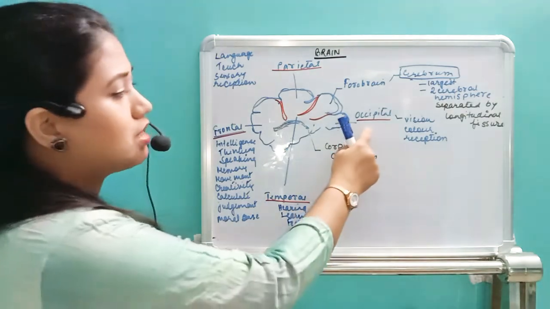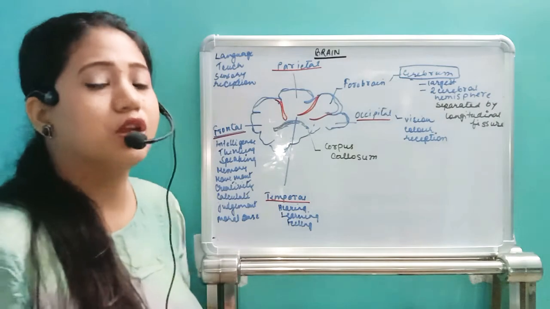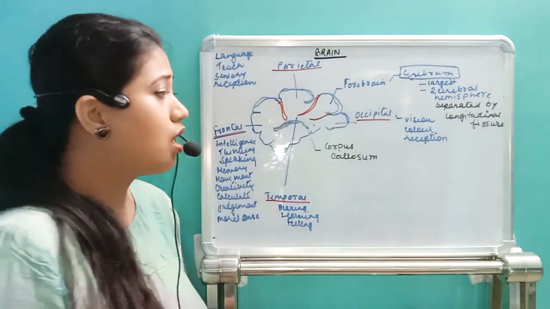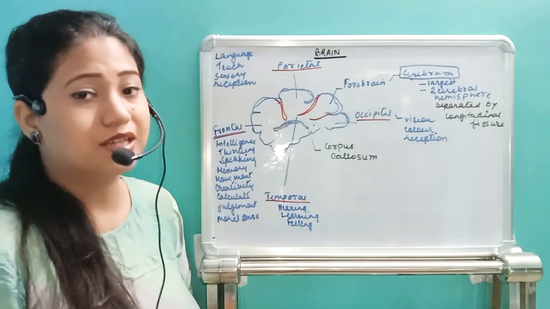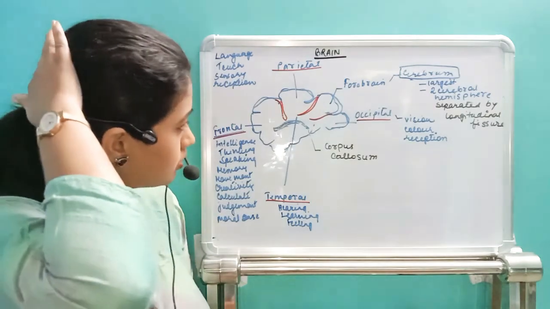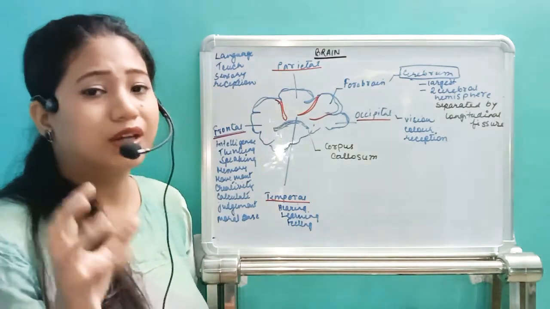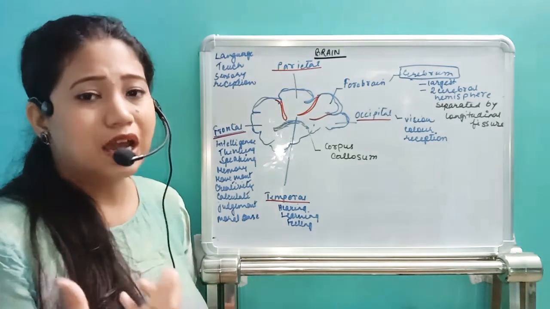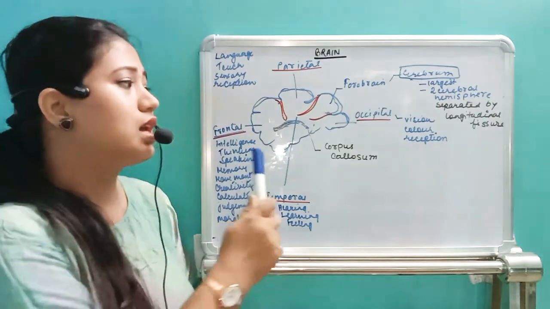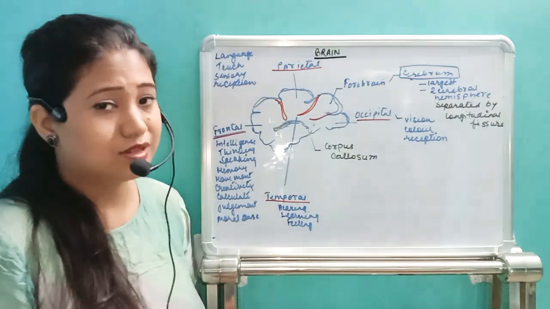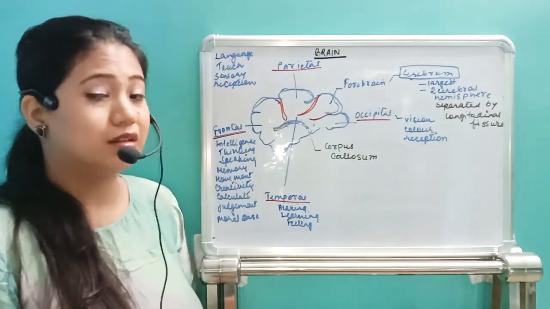Okay, then after that the occipital lobe, which is present on our back, which is going to control our vision, then color reception. So that's why it is said that whenever we are hurt in this behind region, what can happen? That we can completely go blind. The reason is that in the occipital lobe we have the center for vision and color reception.